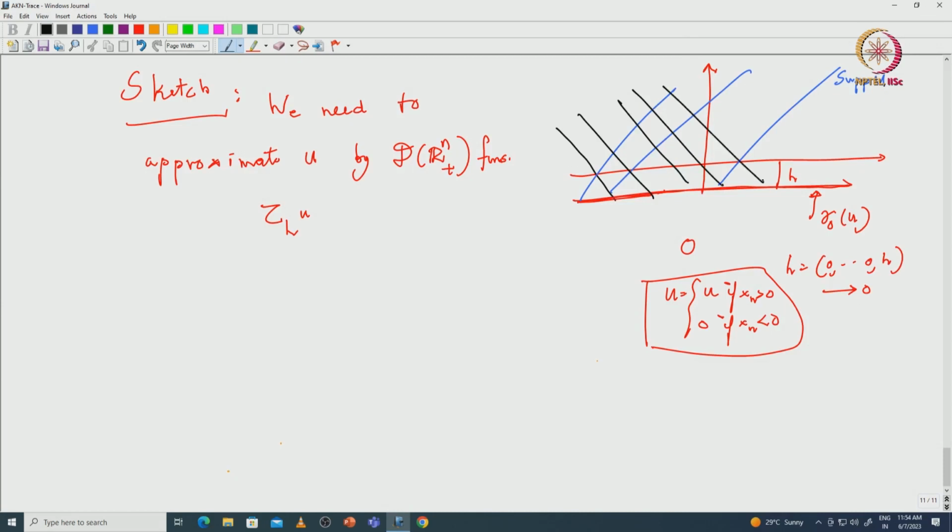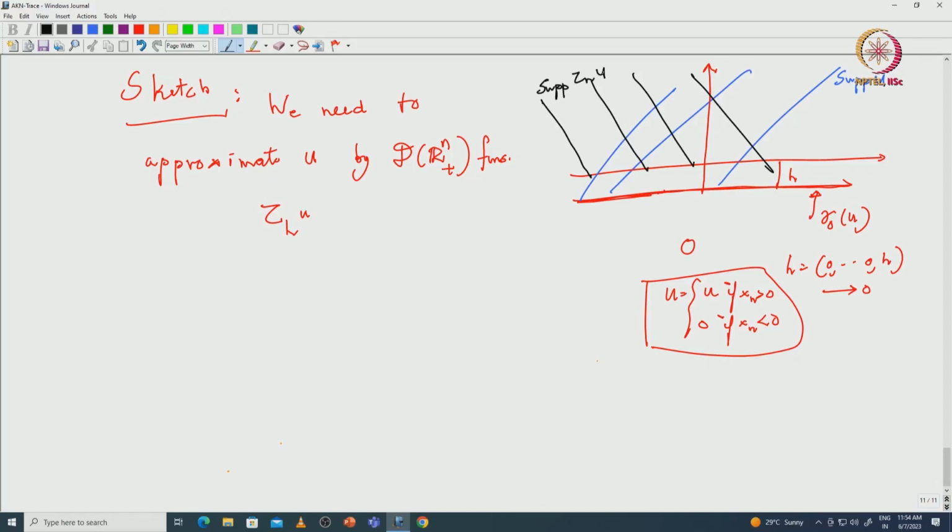But then if I take tau h of u, you see tau h of u will have support here. This is the support of tau h of u.